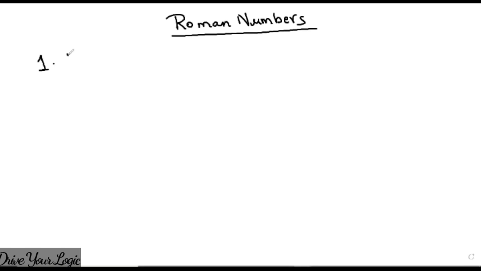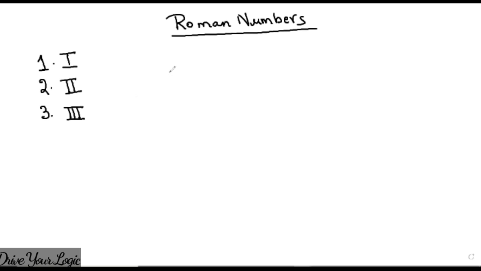So in Roman numbers, 1 becomes like this, 2 like this, in this way. There are different ways of writing numbers, so we are going to discuss that today in this video.